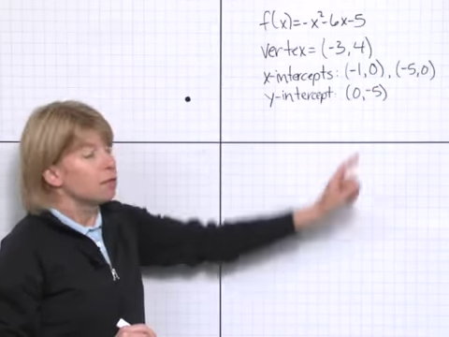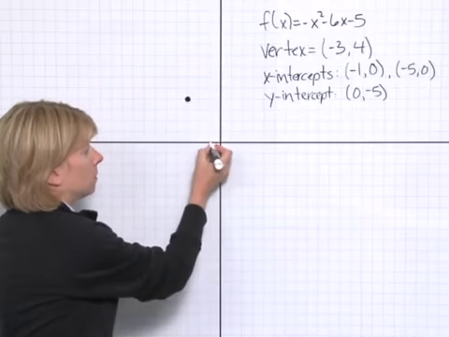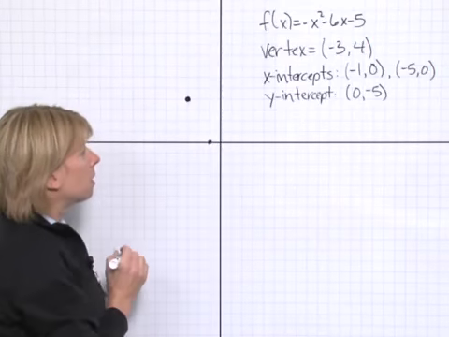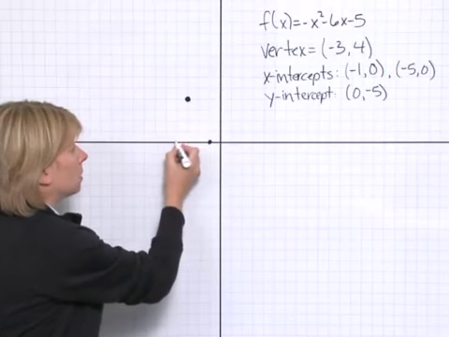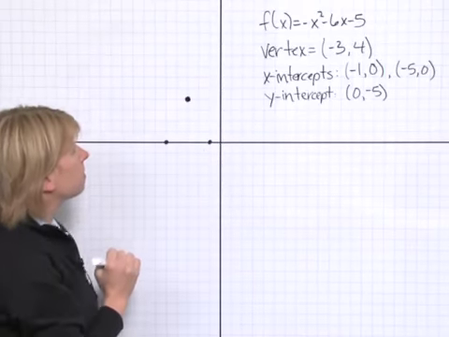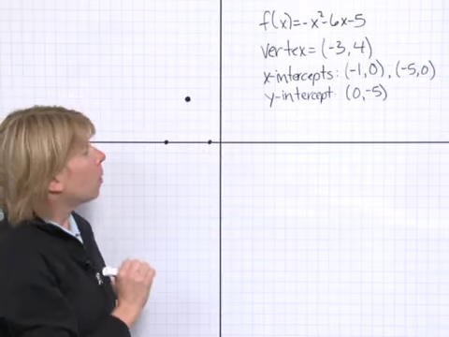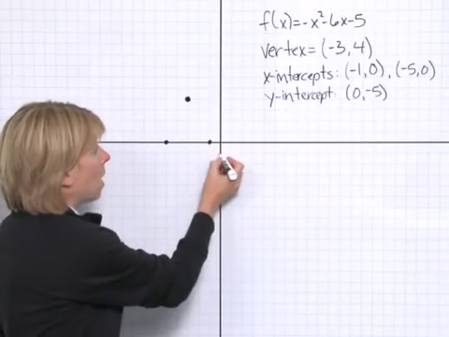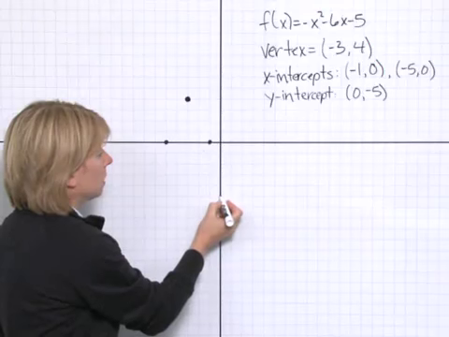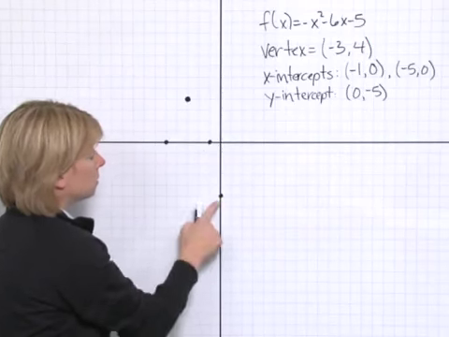The first one is -1, 0, which is there, and the second one at -5, 0. And our y-intercept is 0, -5, so on the y-axis, the parabola will cross right there.